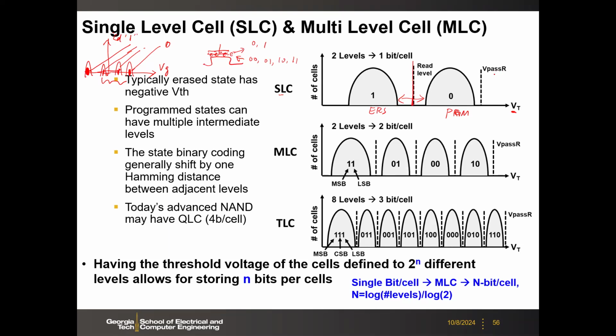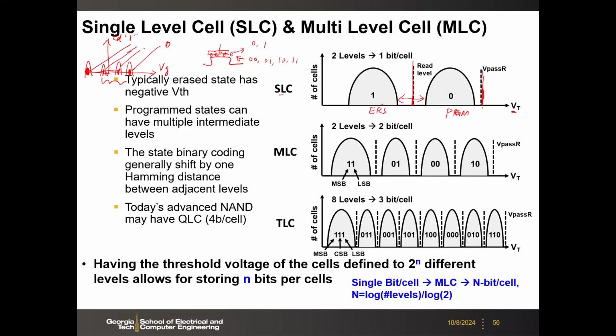And then we have the pass voltage. We discussed that in the last lecture. For the read condition, you have to bias those unselected transistors in series with this V pass R, because you don't know which state the device is in. So you have to assume it's in the program state, then you can still turn on that transistor.